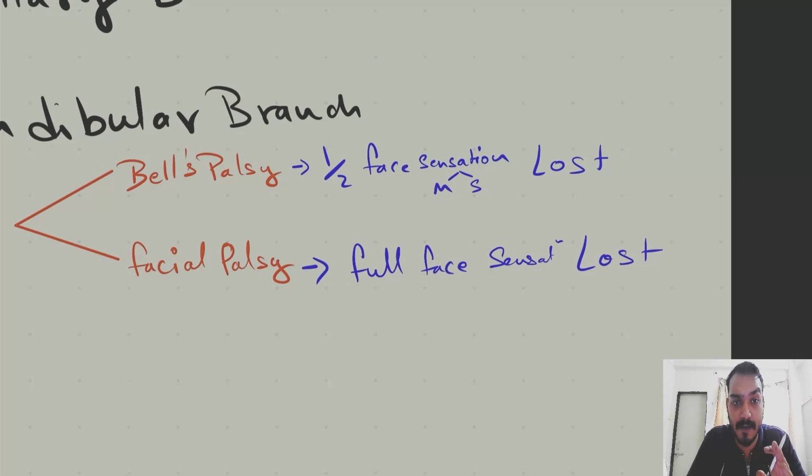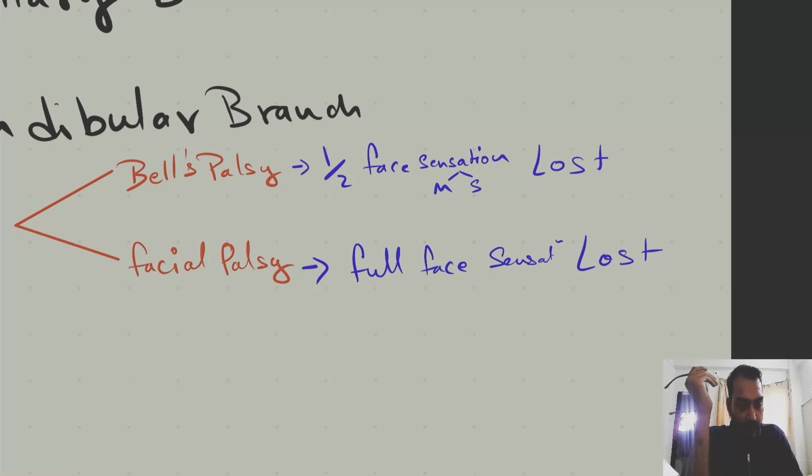But if he can only move his one eyebrow up, not the another one, that means the side where the eyebrow is down is the side where he is having the facial nerve paralysis. So that side is not having any kind of sensations. What another thing you can see? You can see ptosis. The eyelid is down.